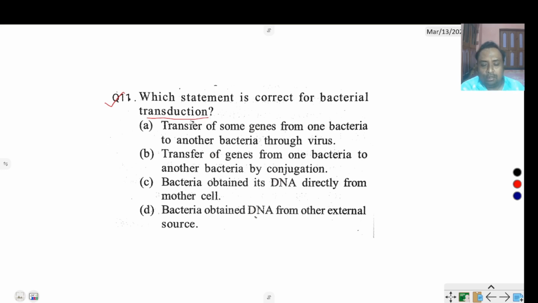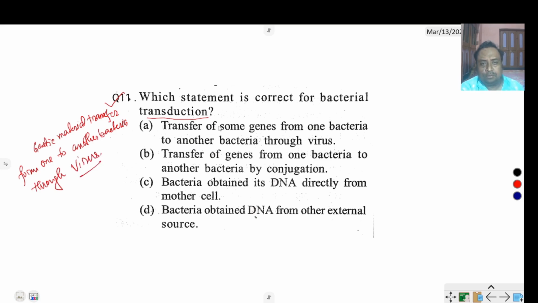Transduction is a sexual reproduction in bacteria, where the genetic material transfer from one bacteria to another bacteria through virus.